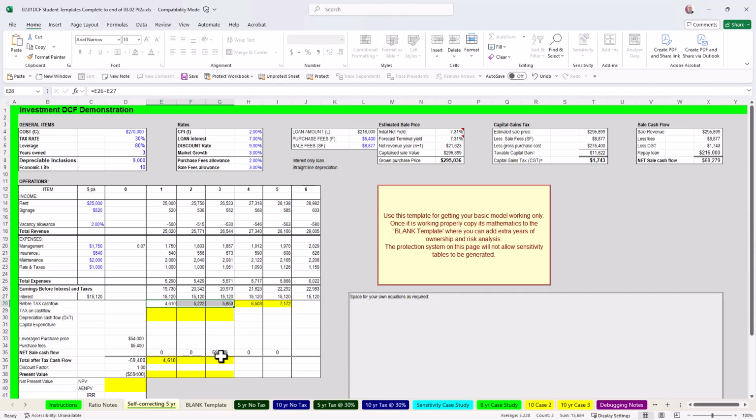That tells me that 69,000 is the right amount. And because those numbers are then used to calculate the rest of this, your capital gains tax and your sales cash flow are all adjusting correctly. And so now we've got our model able to respond to different lengths of ownership. That will become very powerful as we move forward.